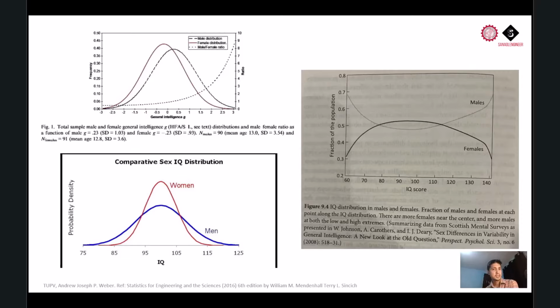Another example is the distribution for the IQ, comparing again men and women. This information comes from different sources. I don't know the different sources, but I just happen to have them put here.